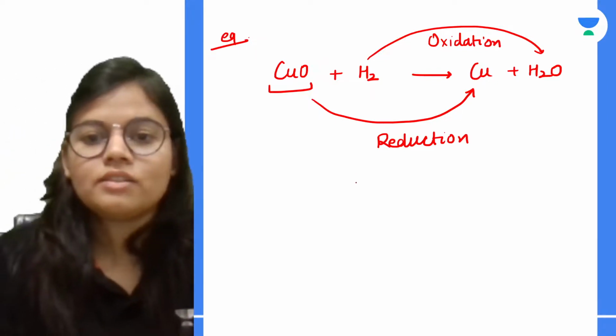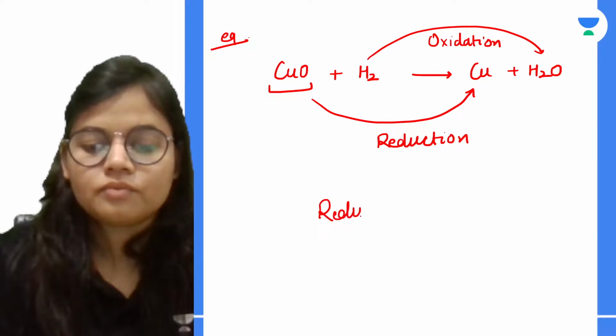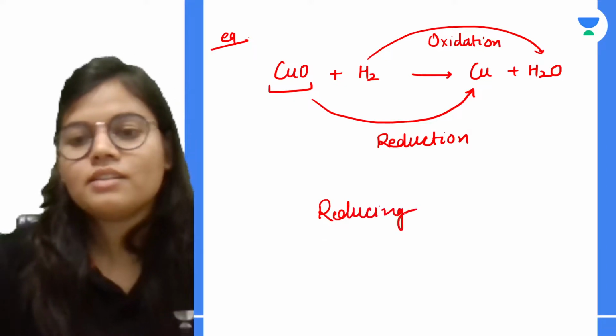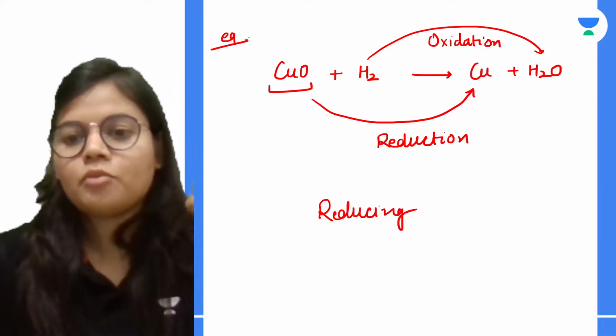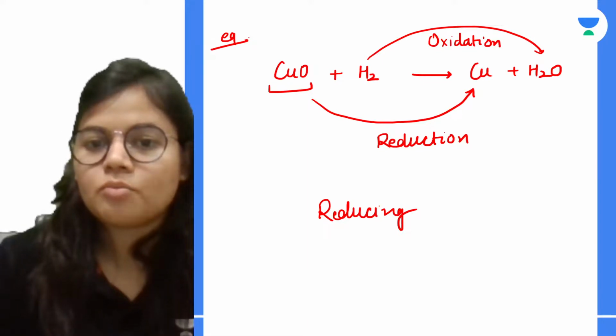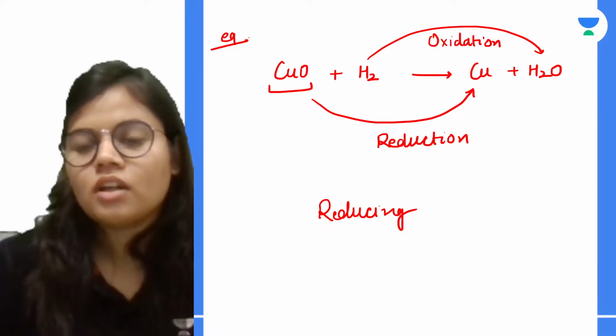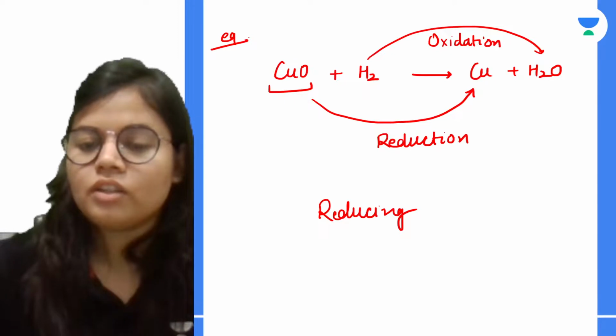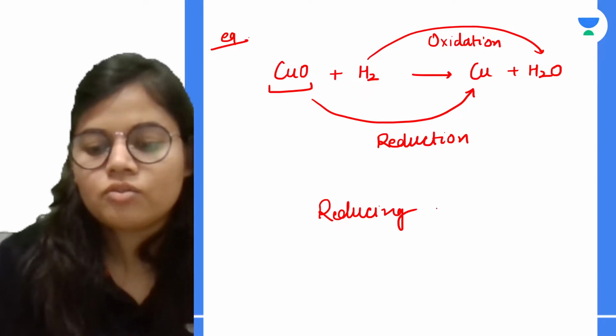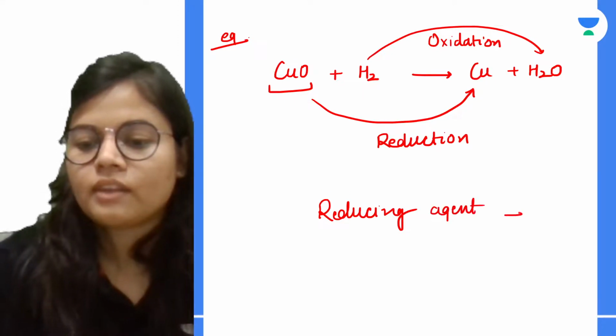Now what is the reducing agent here? It is either providing electrons, or it provides hydrogen or any electropositive element, or it removes the oxygen or electronegative element. So our reducing agent here would be hydrogen.